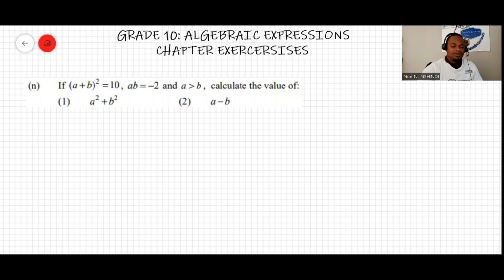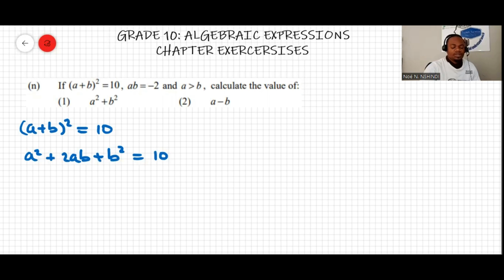All right, now we do know by definition the formula for a plus b squared. We said that a plus b squared is equal to 10 as given, and a plus b squared is just a squared plus 2ab plus b squared, that's the formula, equal to 10.